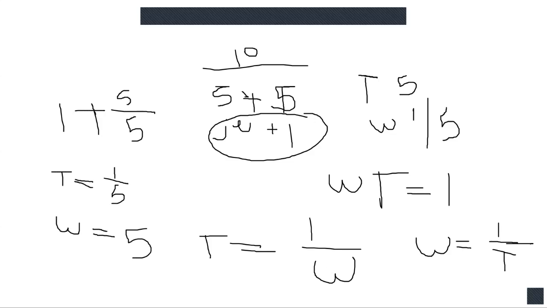Using this formula, what we have seen is that before frequency 5, this factor doesn't contribute at all, and after frequency 5, it contributes minus 20 log of omega t. In this case, omega t is equal to 1 when omega is 5 and t is equal to 1 by 5.